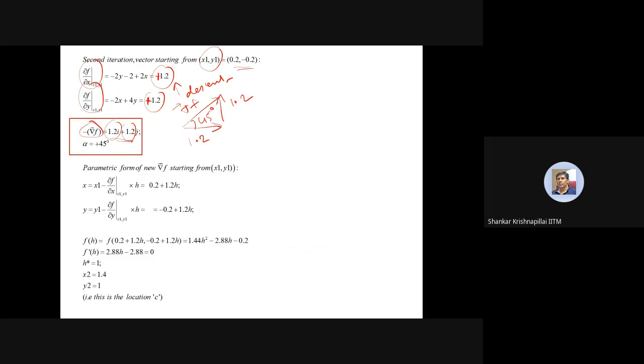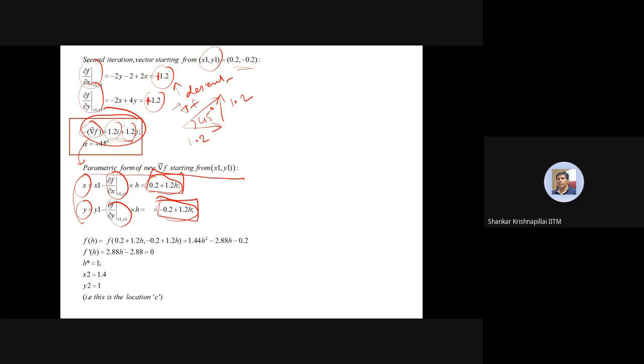Now this vector equation has to be converted to parametric form in terms of h. You can use the same method which we used in the last slide. Here you substitute these values of partial f by partial x and partial f by partial y. The parametric equation of the search vector is obtained as x equal to 0.2 plus 1.2h and y equal to minus 0.2 plus 1.2h.